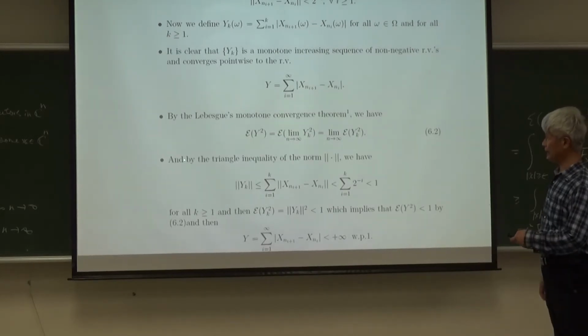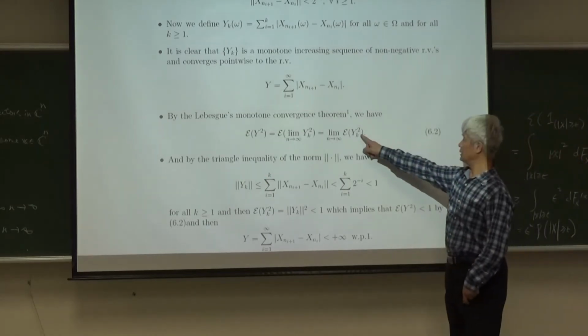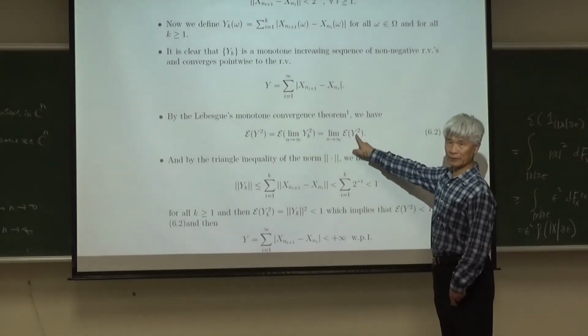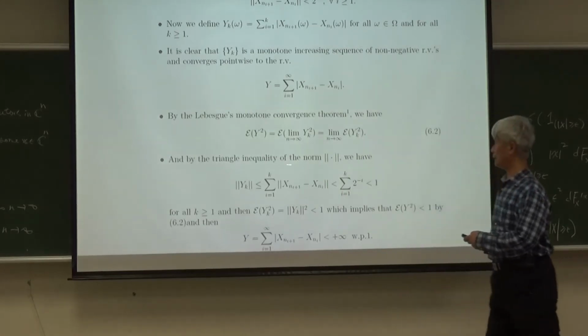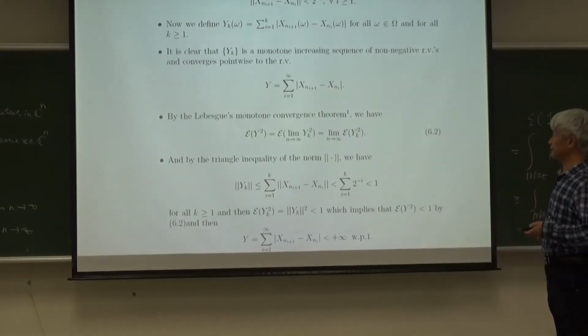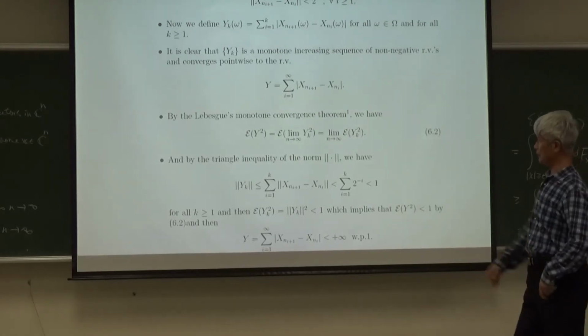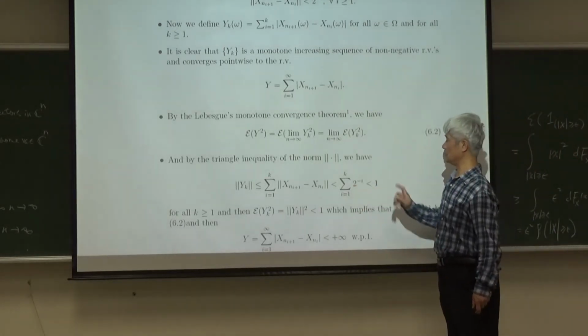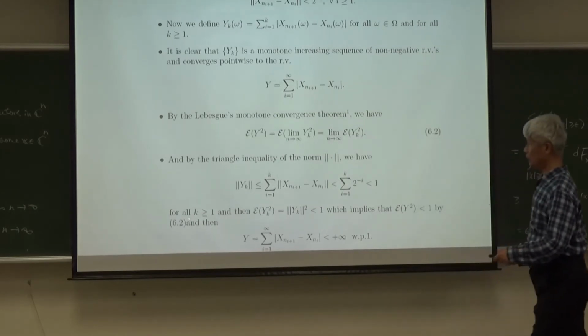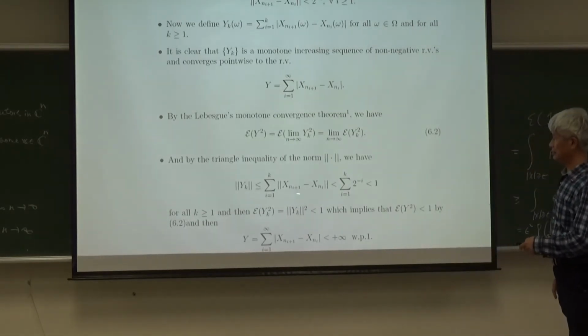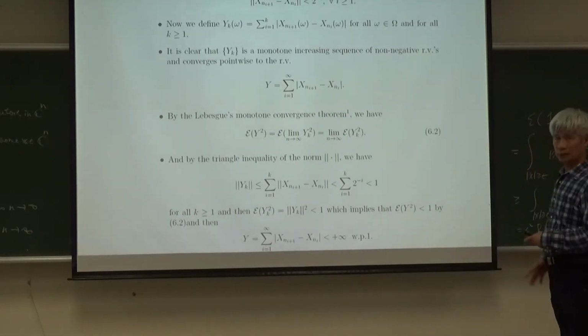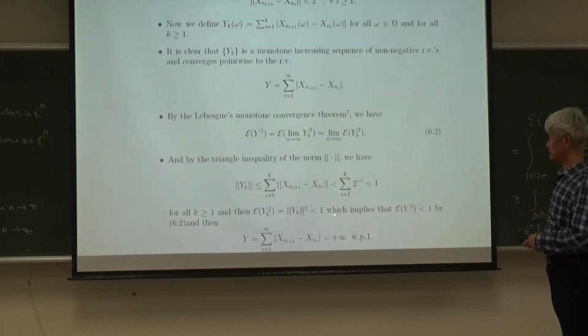Now by the triangle inequality, the norm of y_k, so this is actually the square of the norm of y_k, which is always non-negative, is less than 1. So for all k it has a common upper bound, which is equal to 1.